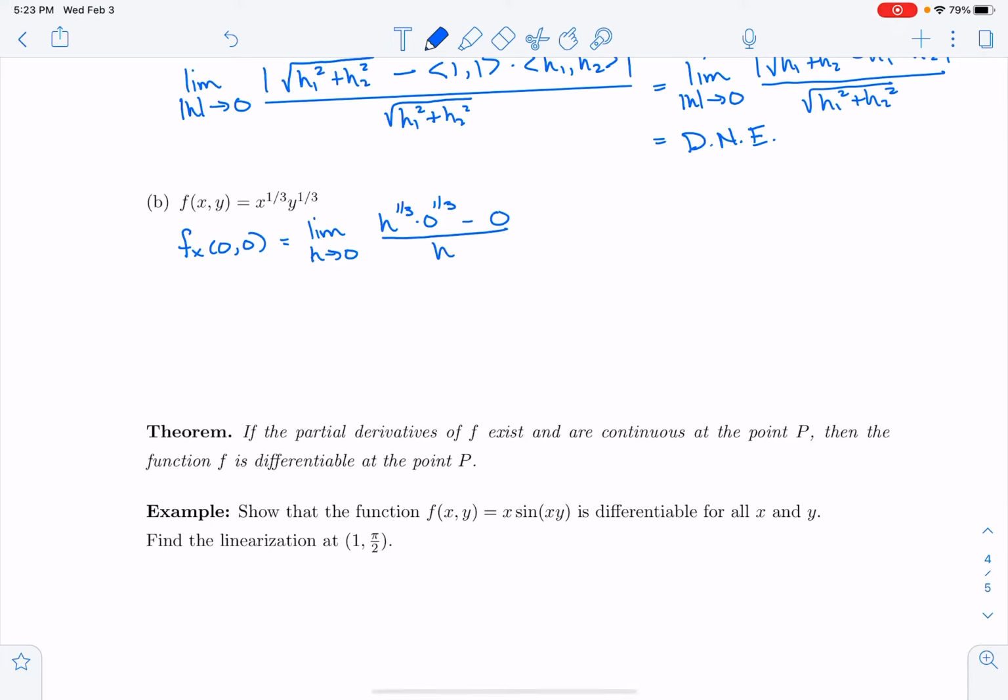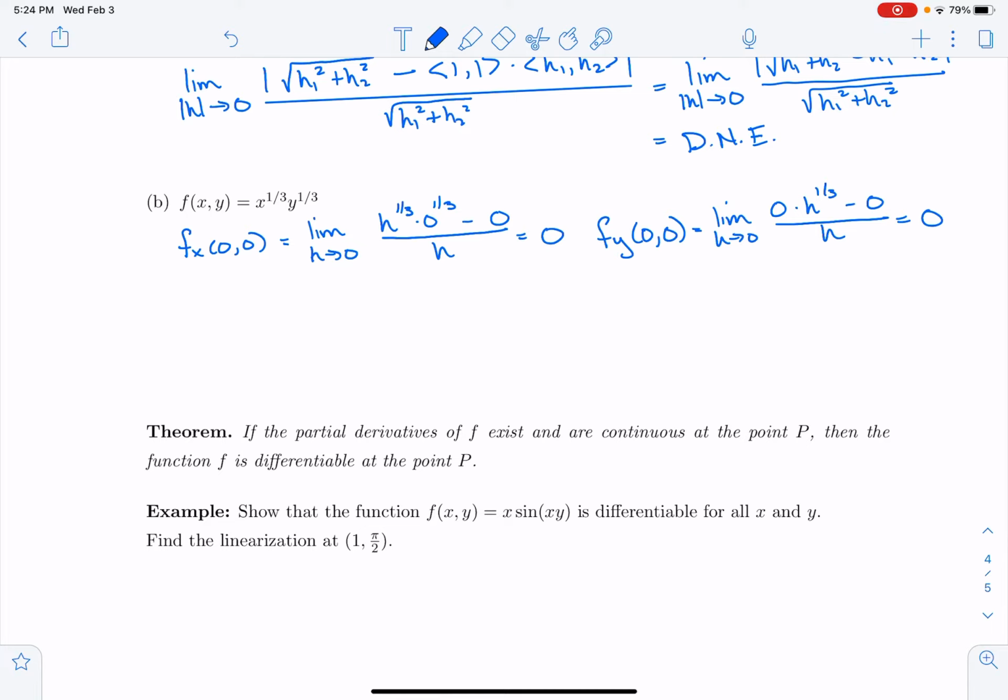And you can see that that limit's clearly 0. And then the y derivative at 0, 0 is going to be the limit as h goes to 0 of 0 times h to the 1/3 minus 0 all over h. And that, of course, is also going to be 0. So the partial derivatives here both exist, and they're both 0.